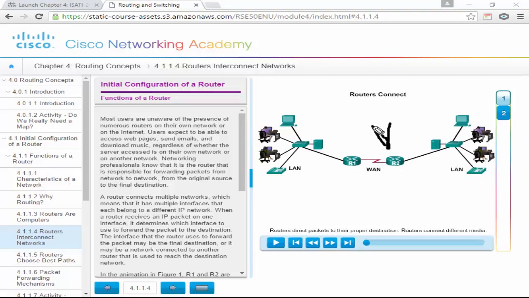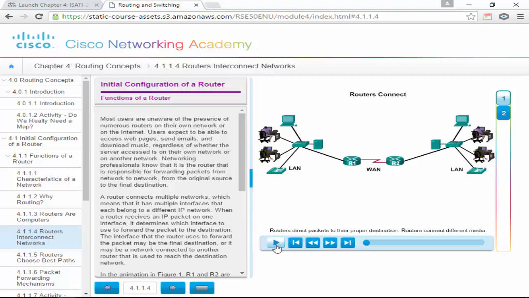R2 knows about the serial network because it's directly connected to it, and it knows this LAN network. But the LAN network connected to R1 is not directly connected. So if the router tried to send packets there right now, it could not do that. We have to put in a routing protocol to do that, or a static route, and then it could. And so then the routers are going to route packets.